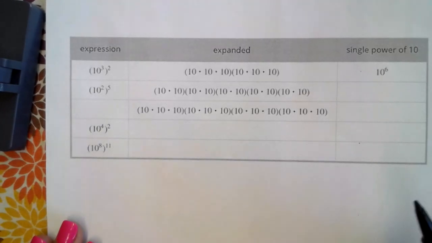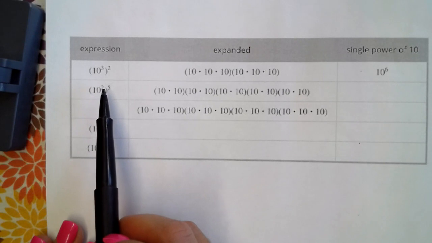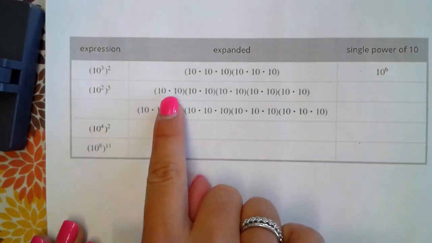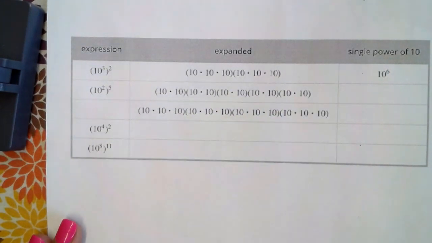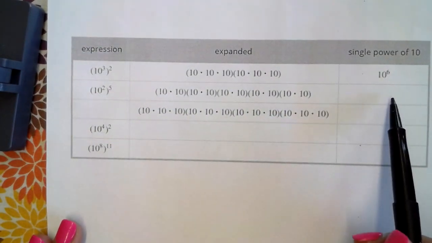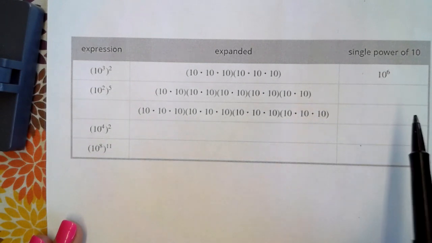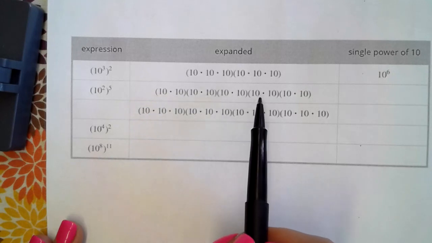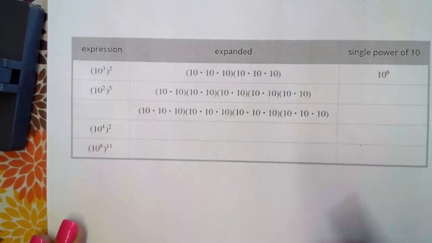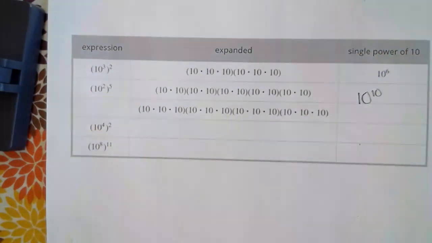Similarly, here I have 10 to the second power, so 10 times 10, and I have 5 of them. So 1, 2, 3, 4, 5. To write that as a single power of 10, I count how many 10s are being multiplied together. So 1, 2, 3, 4, 5, 6, 7, 8, 9, 10. So this can be written as 10 to the 10th power.